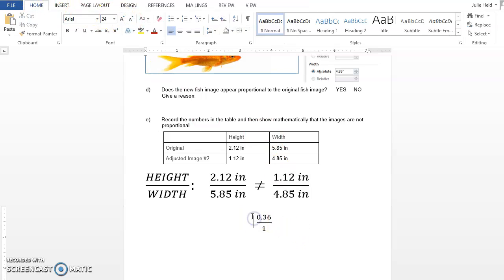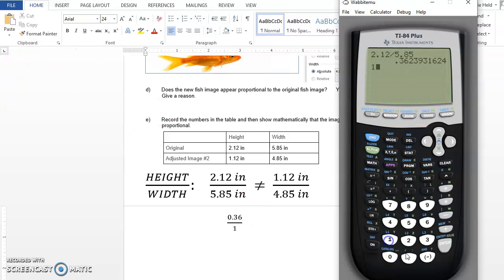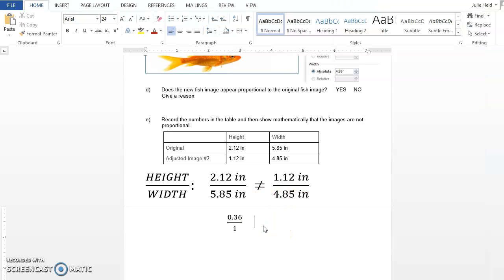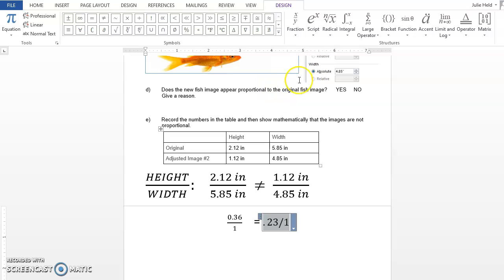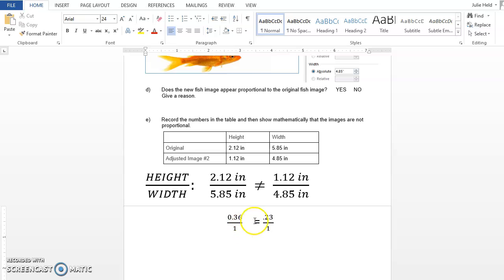And then the other one is 1.12 divided by 4.85. Let's see what happens. Just investigating. Ooh, not the same. The first one was a much higher height to width ratio than the second one. This one came out, I think, to 0.23 or something, to 1. I don't know if it was 0.23 or 0.24 if I rounded it, but still they're not equal.